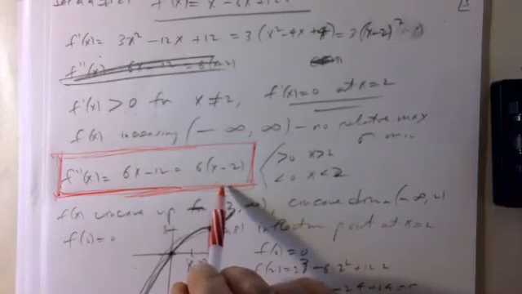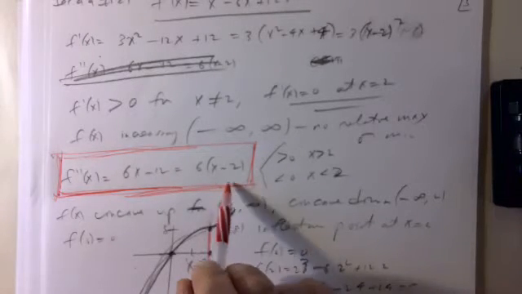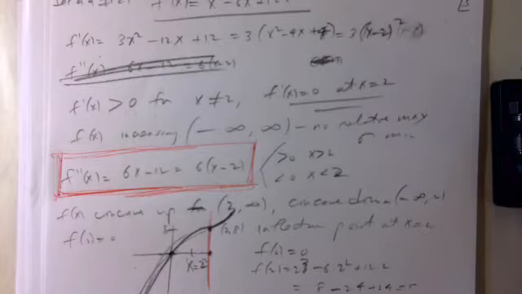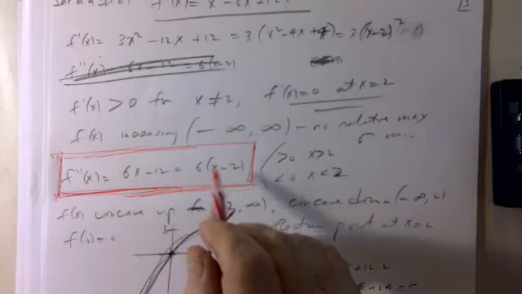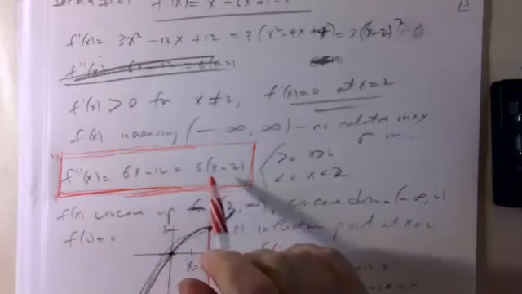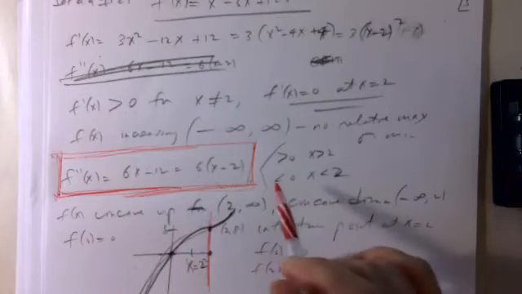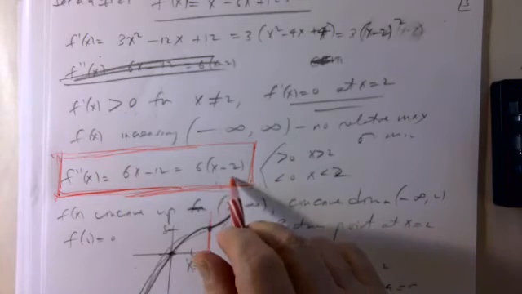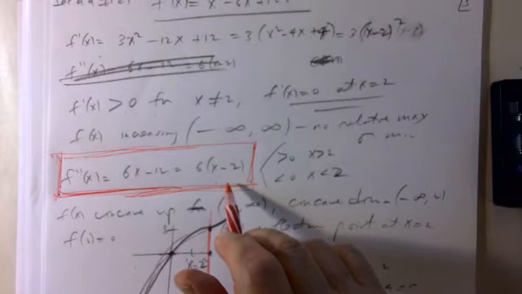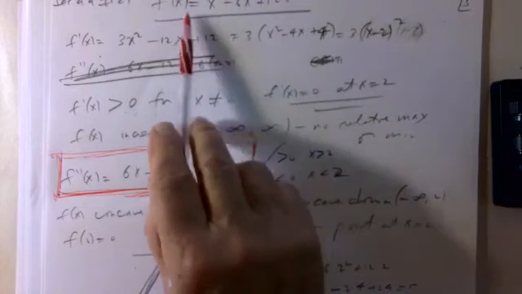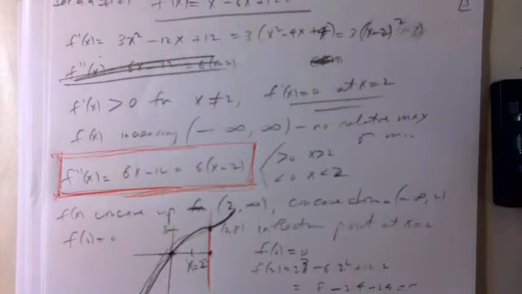No, well, it's true, but what is all x for which this is negative? x less than 2. Okay, so the second derivative goes from negative to positive when x is 2. That means x equal 2 is the x coordinate of the inflection point. And when x equals 2, f of x is equal to 8.